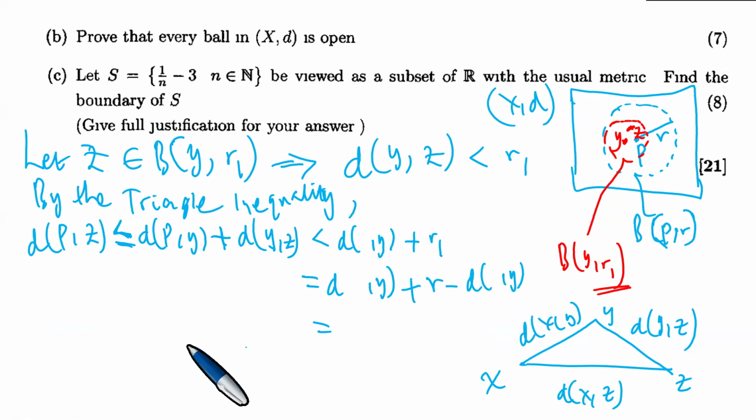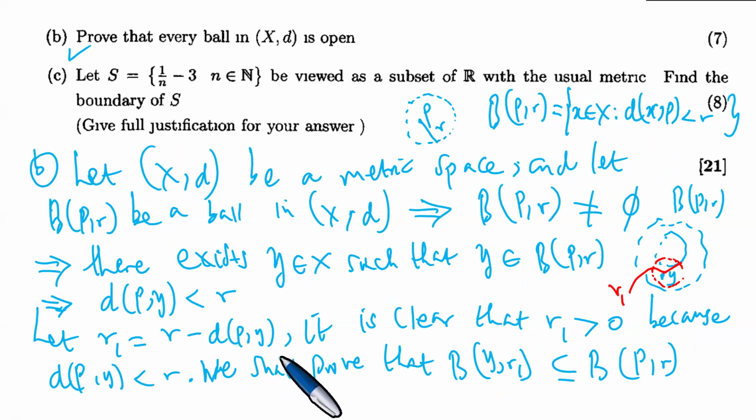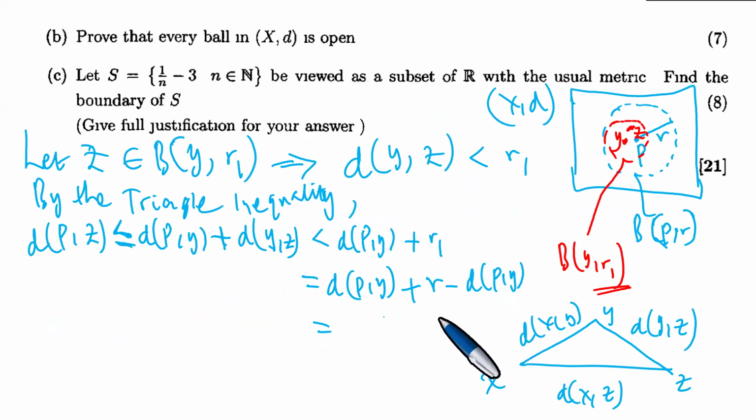So we use the point P: center P, radius R. So this is center P. Using that equation, we know that R1 is R minus d(P,Y). So d(P,Y) minus d(P,Y) is 0, giving us R. And this is enough to then say the distance between P and Z is smaller than R.